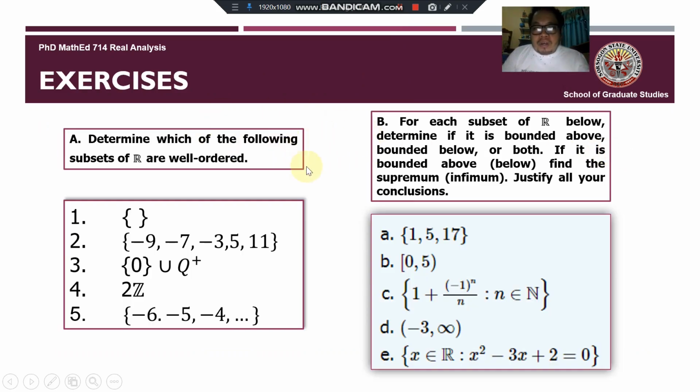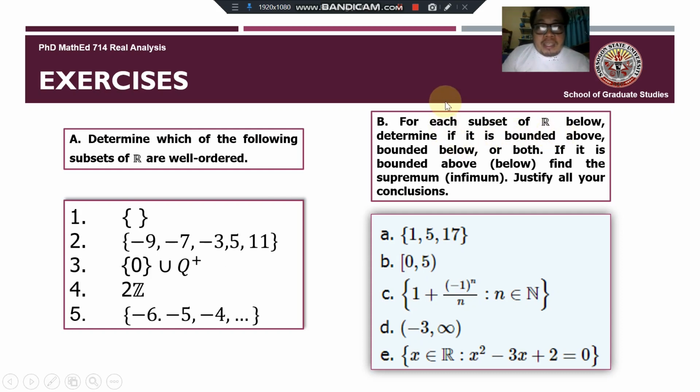Okay, so on this slide, we have a set of exercises in which you can practice how to determine whether the given set or subsets of a particular set, which is the set of real numbers, are well ordered or not.